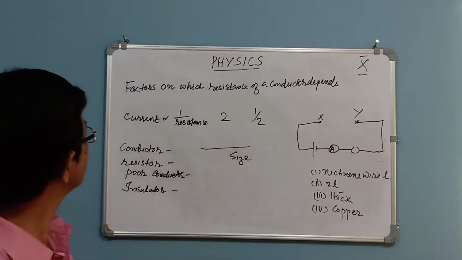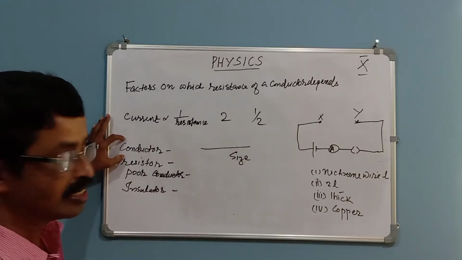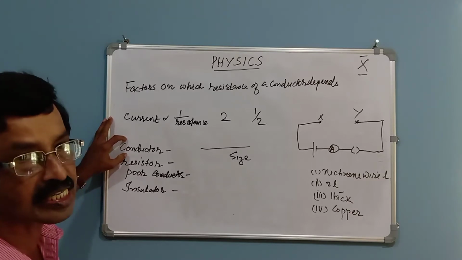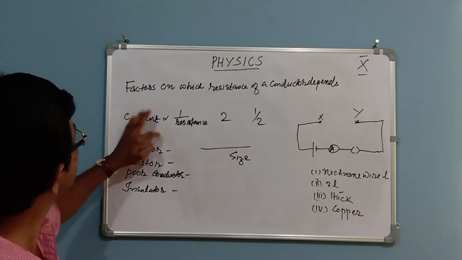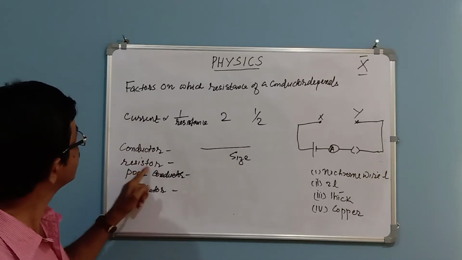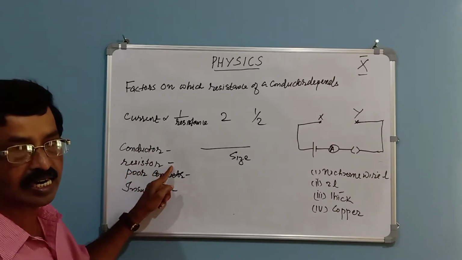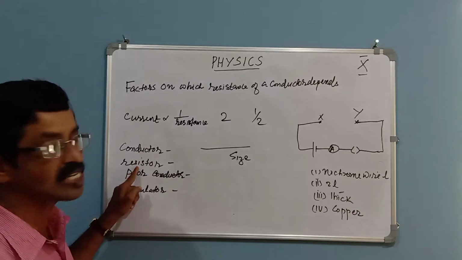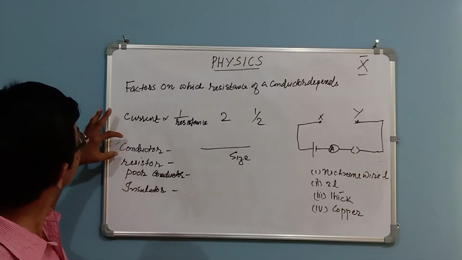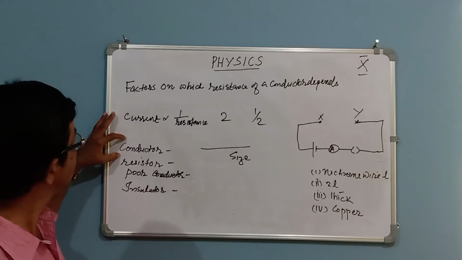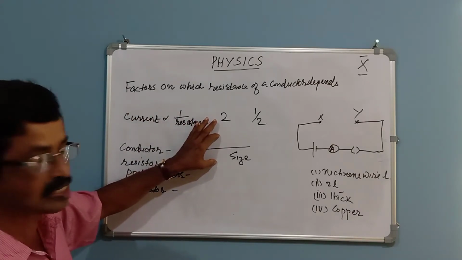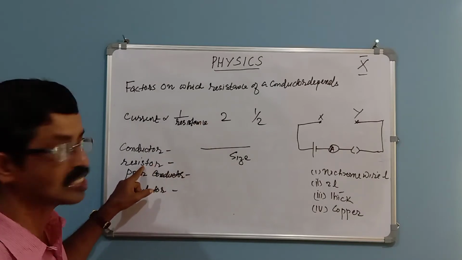So, when we consider a material of a given size, if it offers a very low resistance, then we call that material a conductor. If it offers a certain amount of resistance, then it is called a resistor.